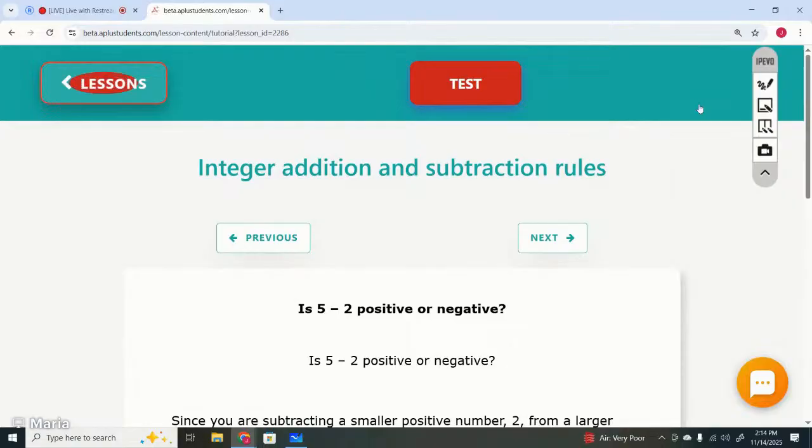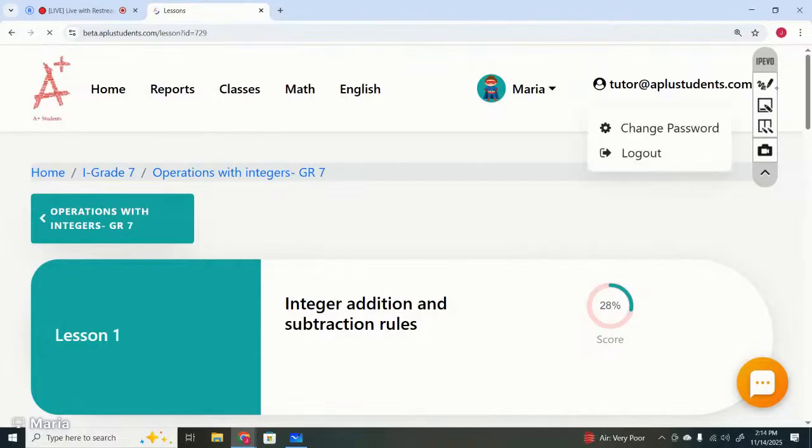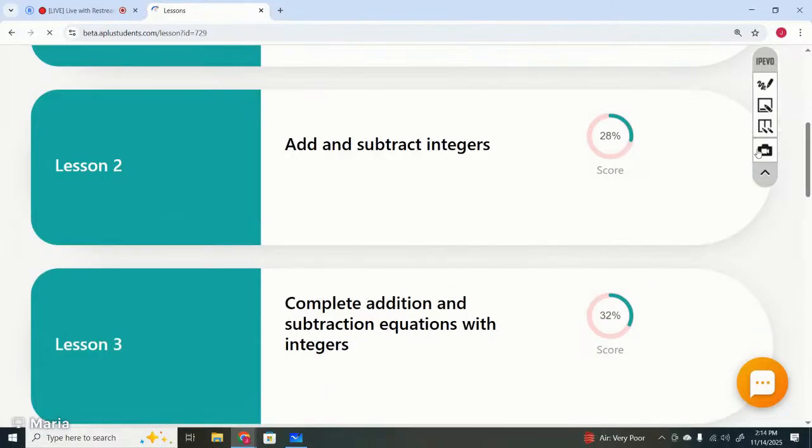Okay, let's just move on to next lesson. Add and subtract.